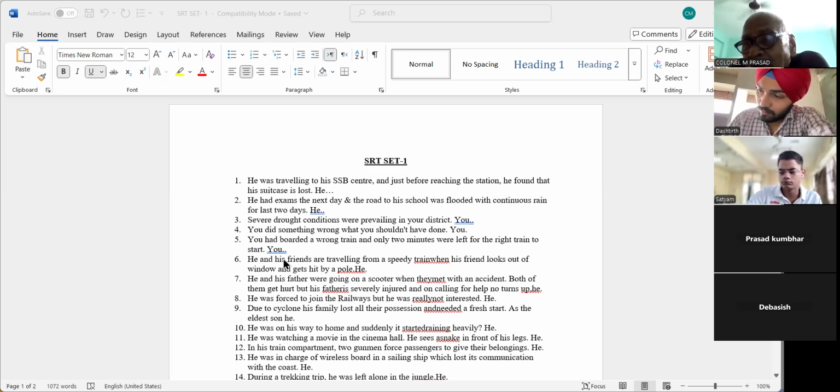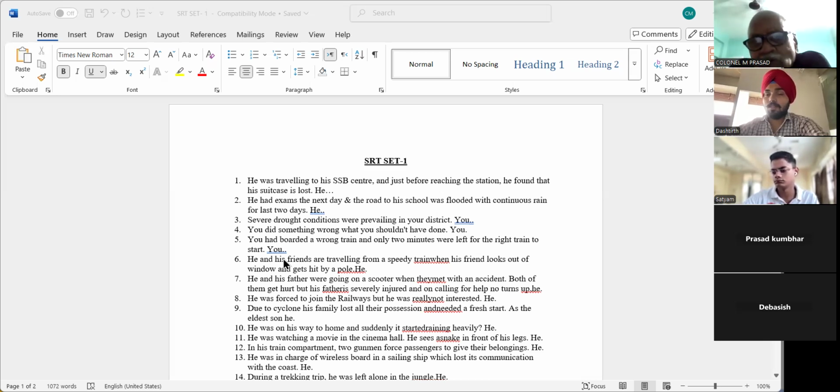It does not require much thinking, and you have to react immediately to solve the problem. You will get 60 SRTs, and for those 60 you get 30 minutes. So each SRT requires half a minute. If you want to pass, you must solve at least 50.